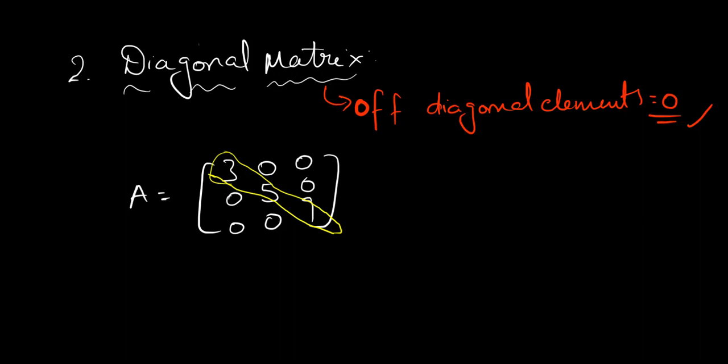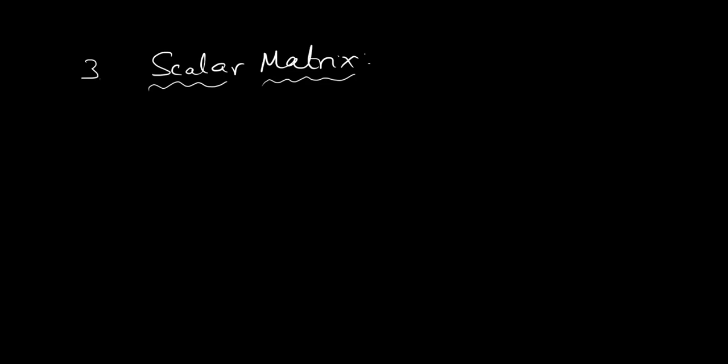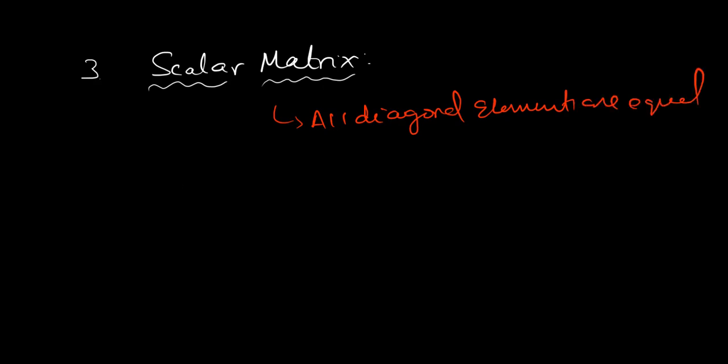Now let us go ahead and see the scalar matrix. So in a scalar matrix, you will see that all diagonal elements are equal. Let's see a very simple example.